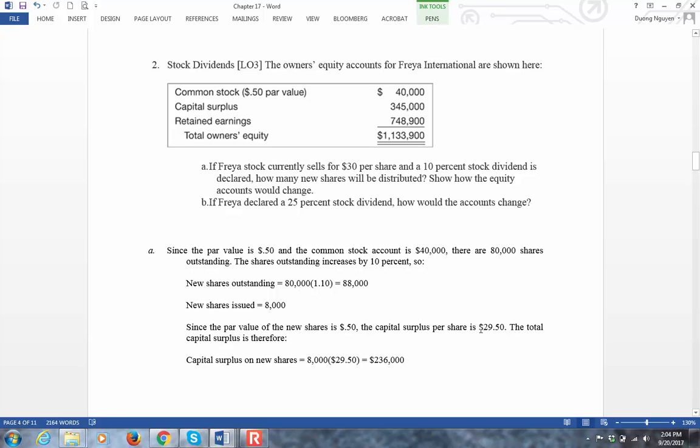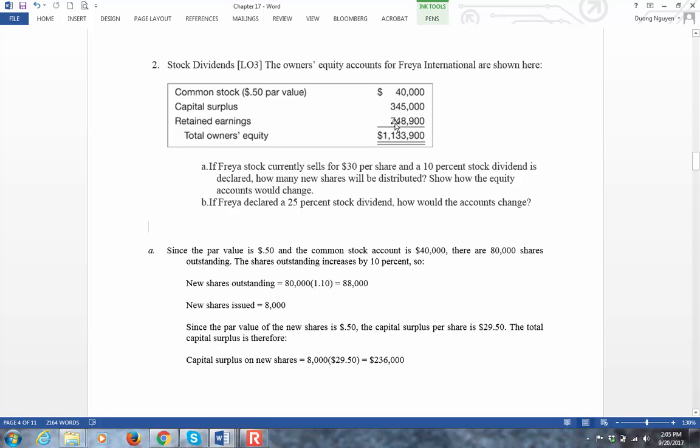So the capital surplus would be $29.50 per share, and you have 8,000 new shares. So the capital surplus on new shares would be 8,000 times $29.50 equal to $236,000. That is the capital surplus on new shares.